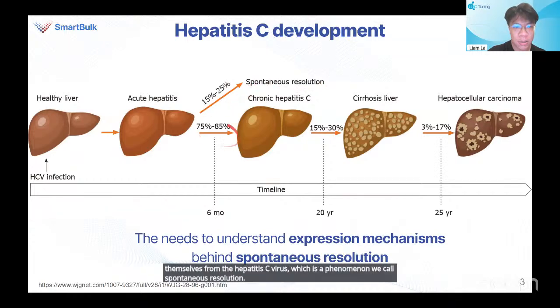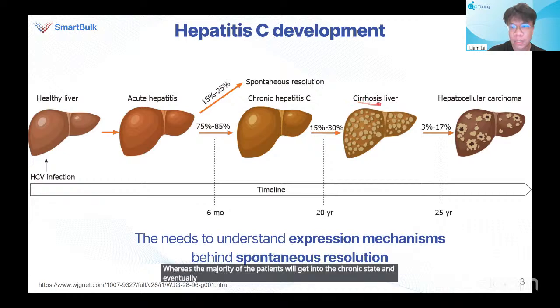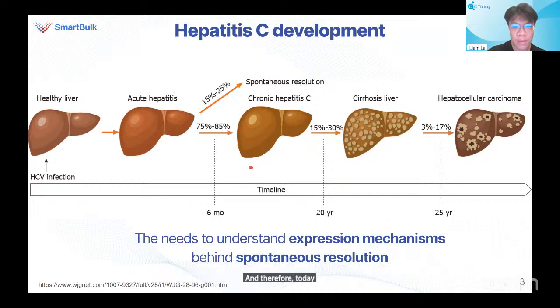Whereas the majority of the patients will get into the chronic state and eventually develop cirrhosis or liver cancer, as I have mentioned. And therefore, today we want to understand how the patients can recover themselves.